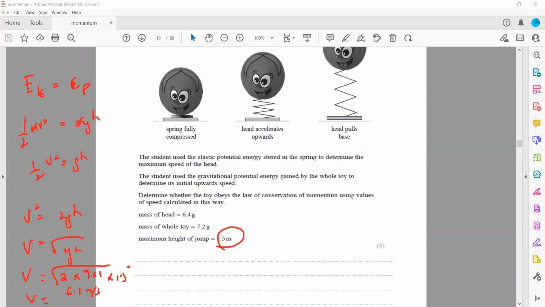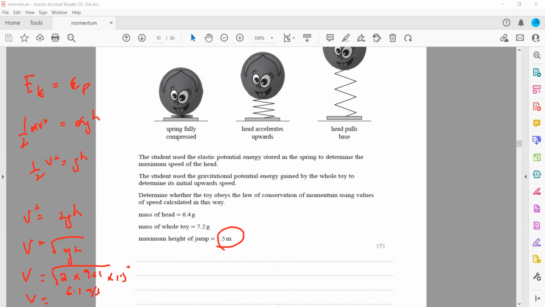Now, using this speed, we want to show the momentum is also conserved. So the total initial momentum is equal to total final momentum, or we'll use the conservation of momentum.